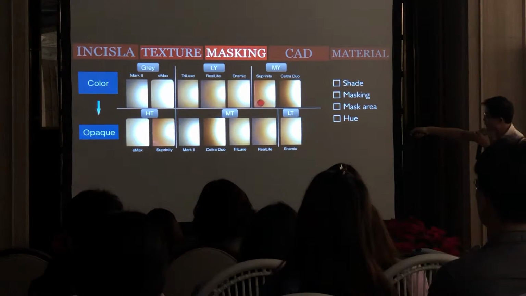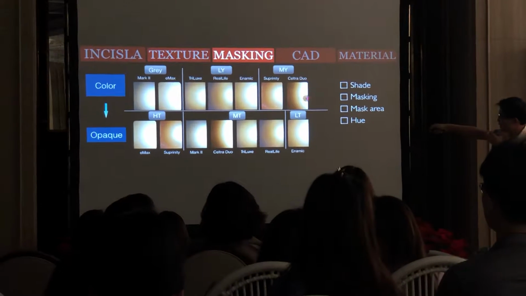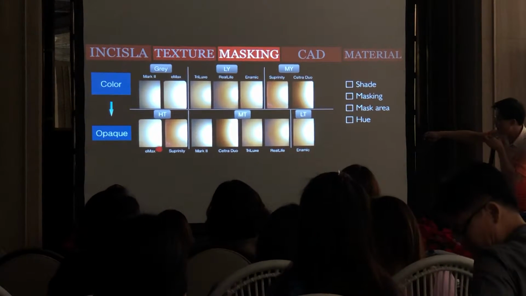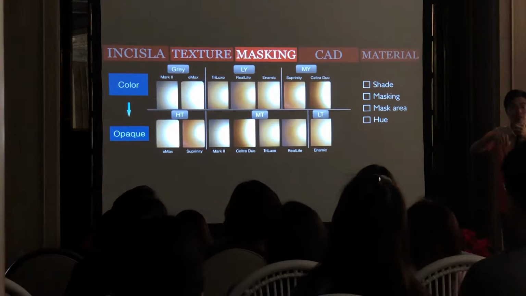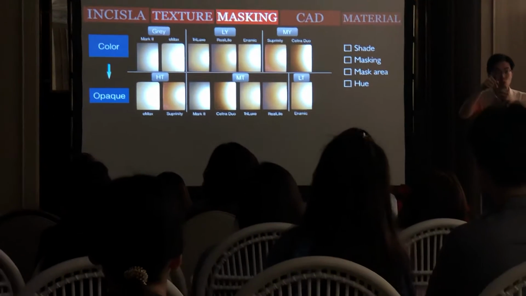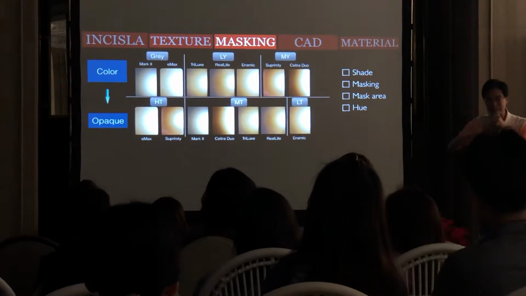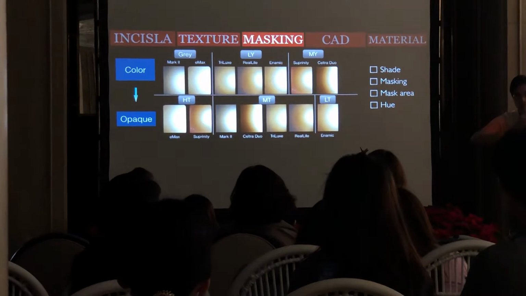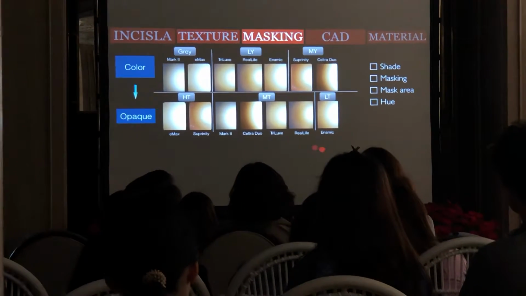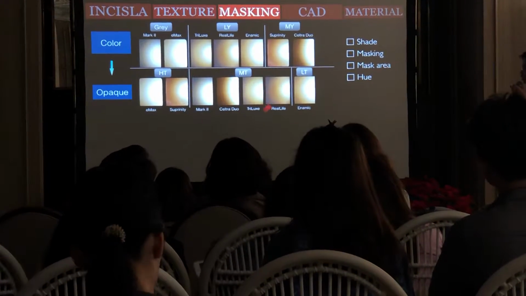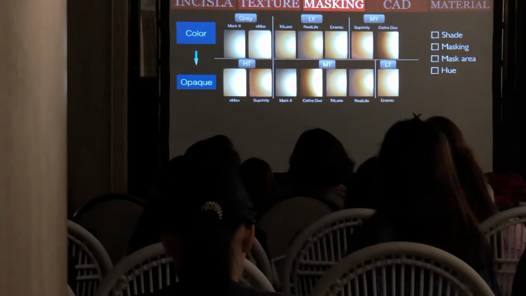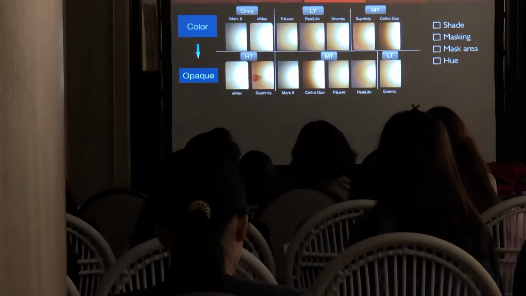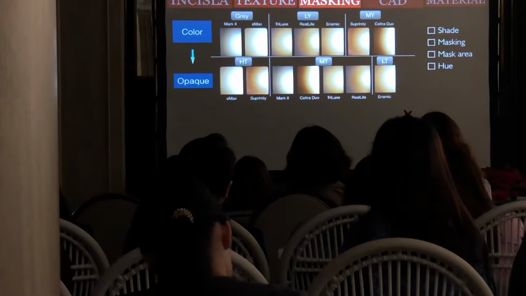So this upper bar indicates the neighbor tooth color, and the lower bar means the abutment itself. Does this abutment need masking? If you need masking, you need the medium translucent or low translucent material. If not, you can use the medium translucent or high translucent material. Make sense?